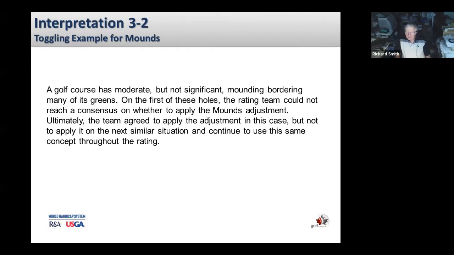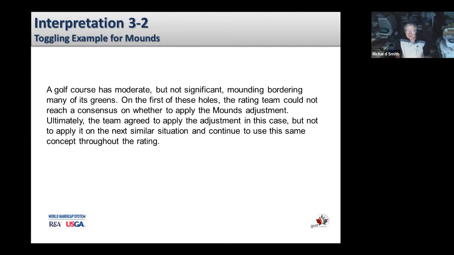Mounding is the other area that probably gets the most frequent use of this toggling, because you may have a situation where there are mounds, but they aren't very severe. You can see them there, so you have to recognize their existence, but they aren't really significant.